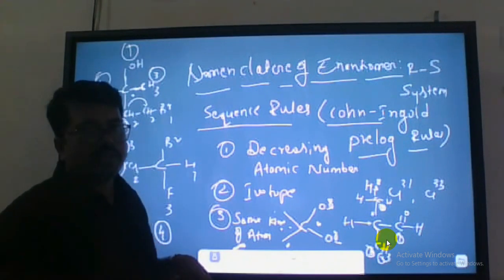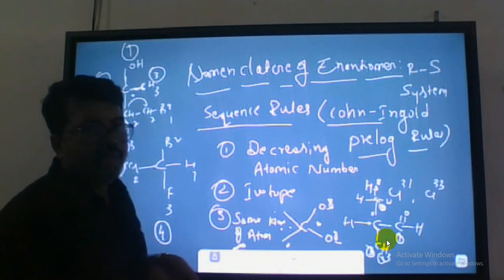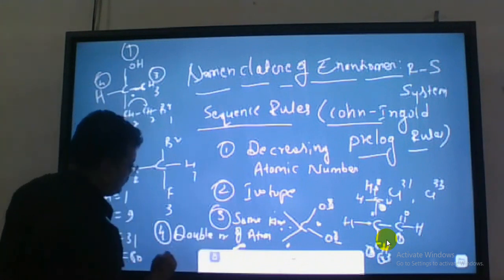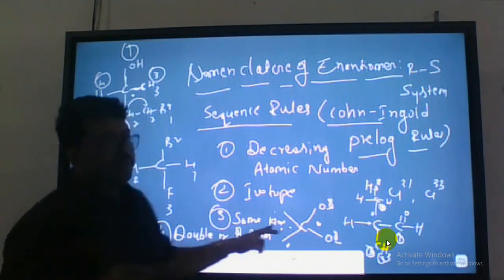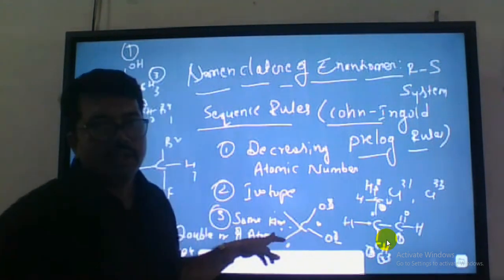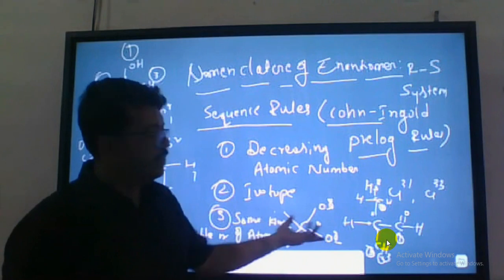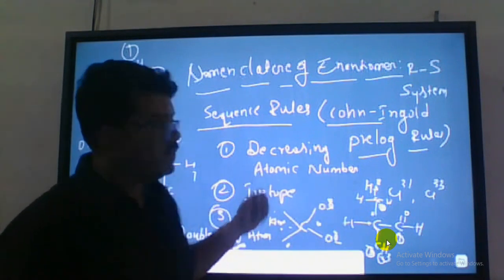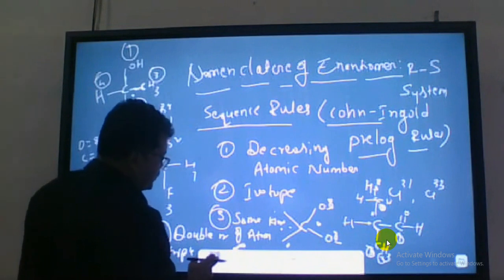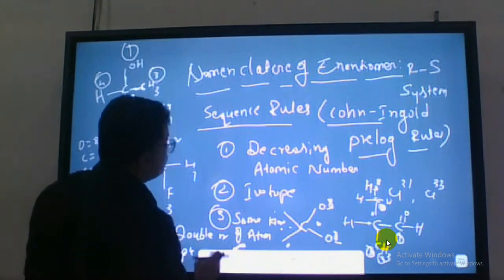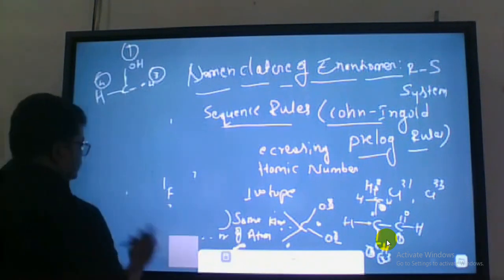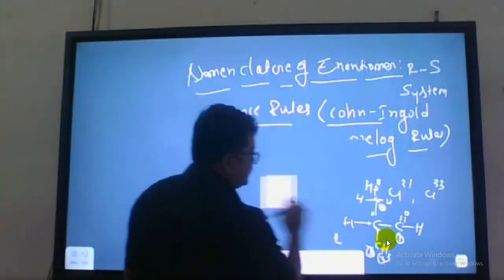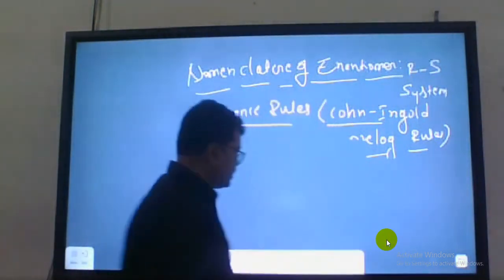What does the fourth condition say? Doubly or triply bonded atoms are treated the same way. If it is double, take it as double; if it is 3, take it as 3. So this is the sequence rule. Sequence means we arrange in this sequence.